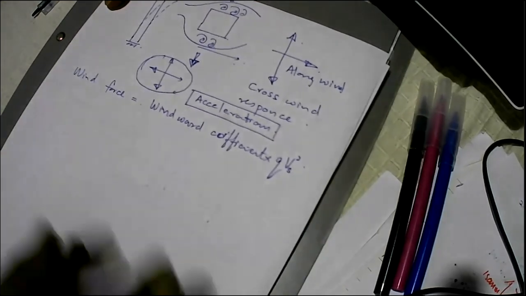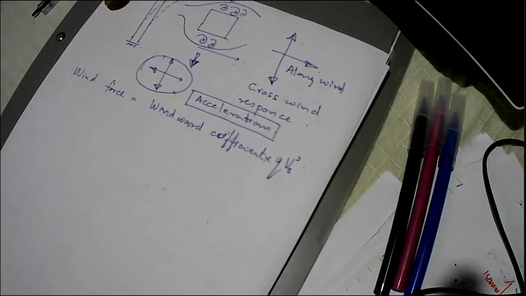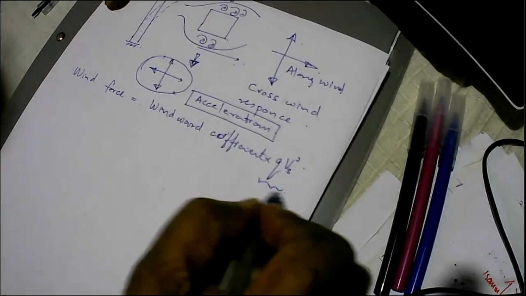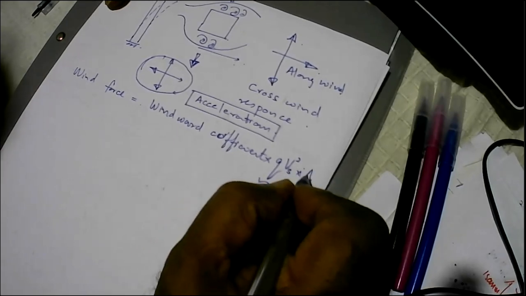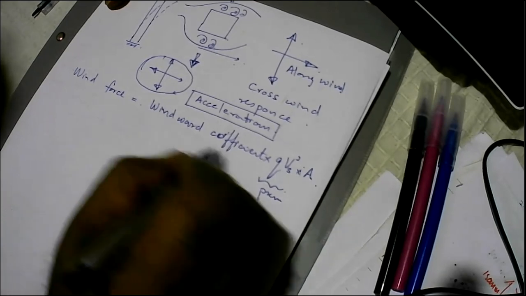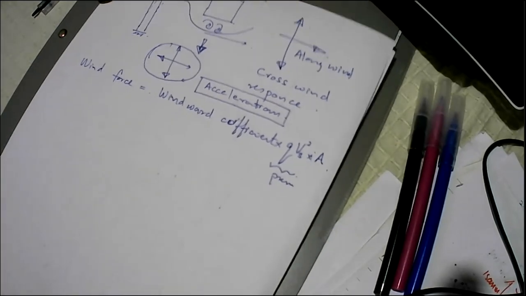So this is the pressure, multiplied by area. And here you get a wind load coefficient.